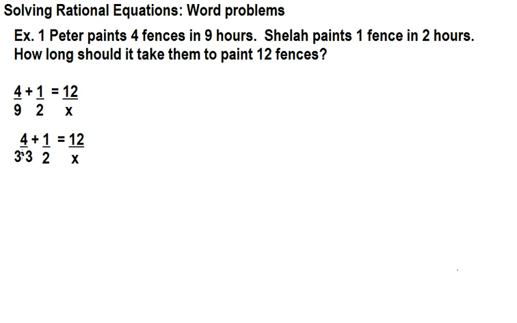Okay, 3 times 3 plus 4 over 3 times 3 plus 1/2 equals 12 over X. So we have to make the denominators look the same. So what is this one missing? It's missing a 2 and an X. So we're going to multiply this.